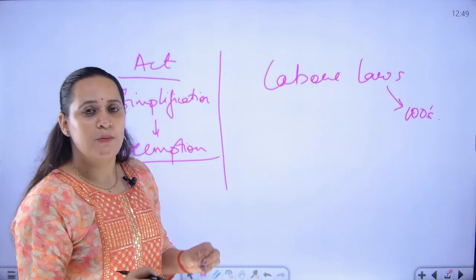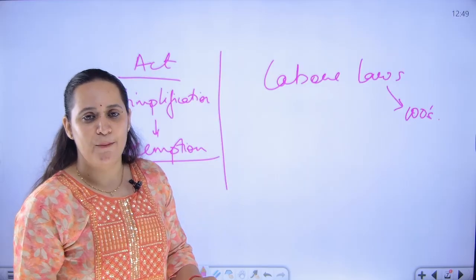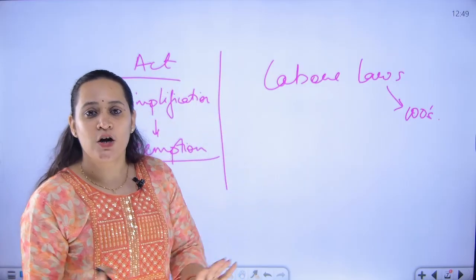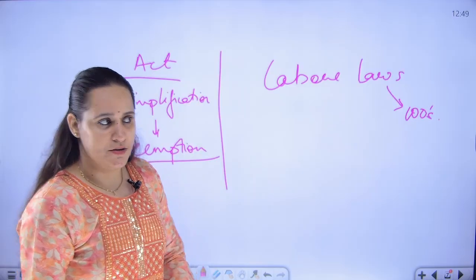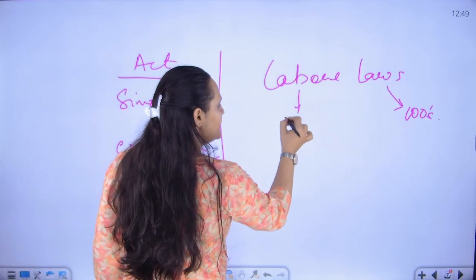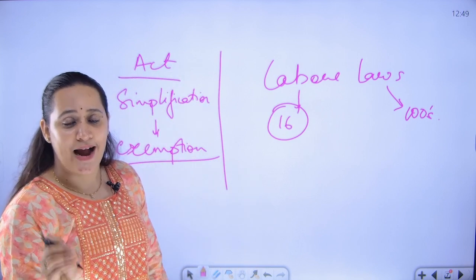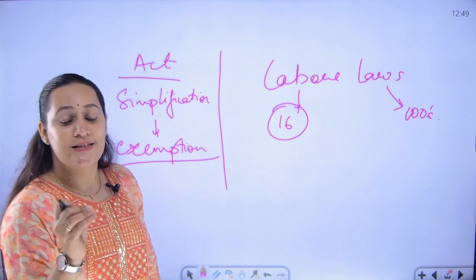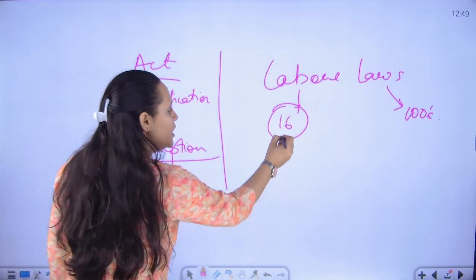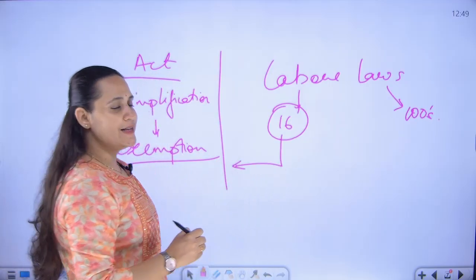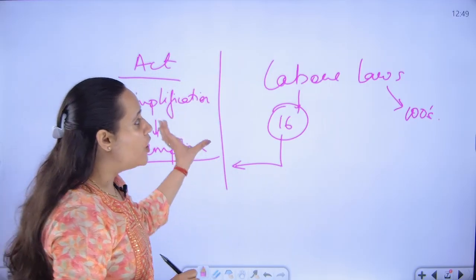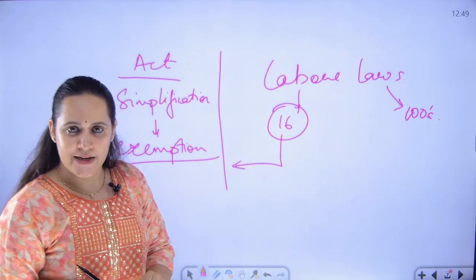So now, for the purpose of determining who is an employer under this enactment, we are not giving any specific definition. We have identified 16 enactments, 16 categories of labor laws, which are providing this exemption under this enactment. So it is not all the labor laws for which we are going to get exemption.